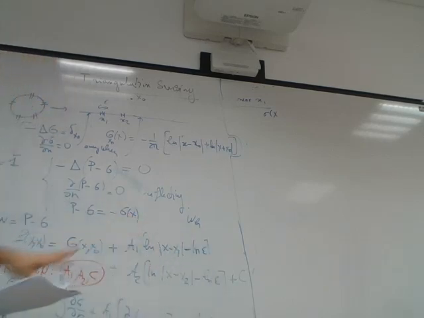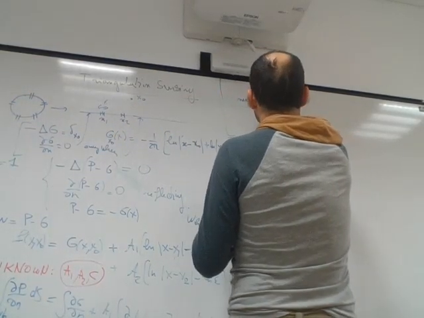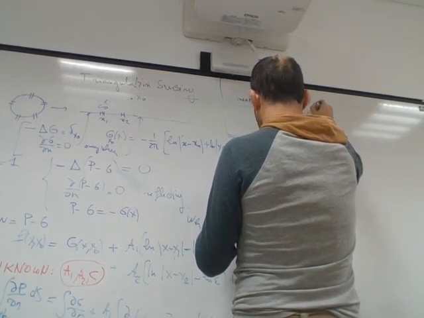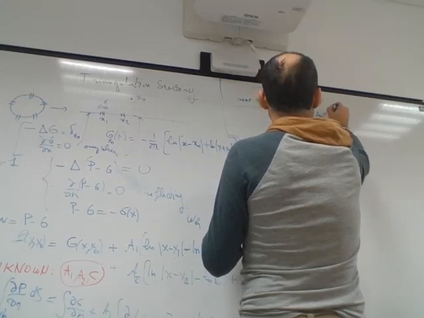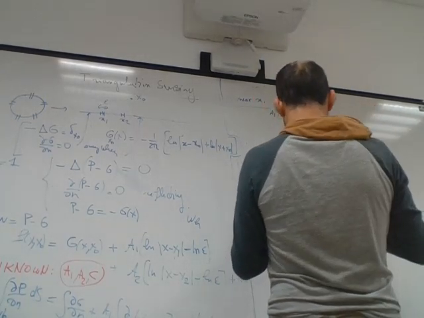So this should be the dominant term. If you write it this way, you have that A1 log of x minus x1 minus log of epsilon should be like P.